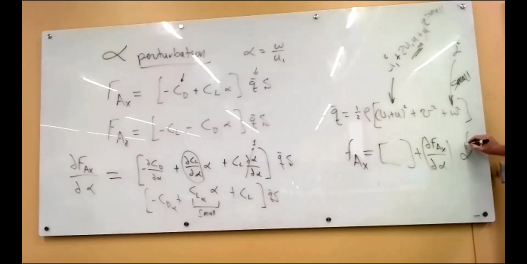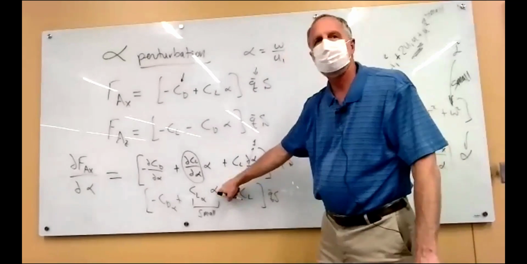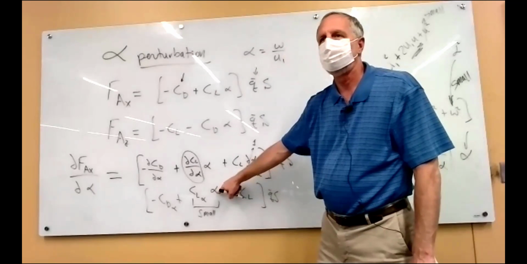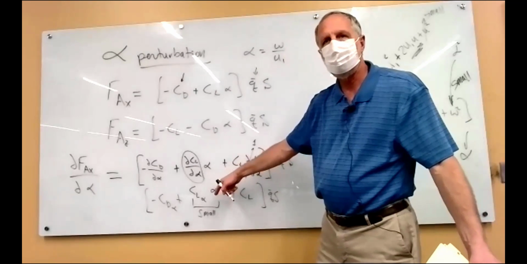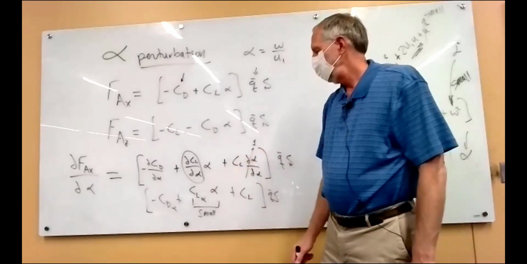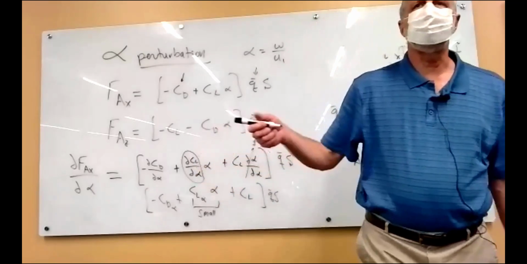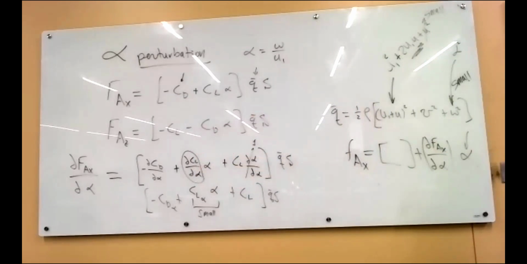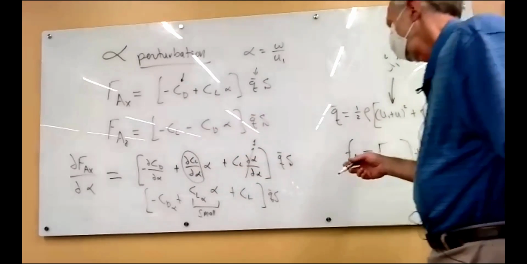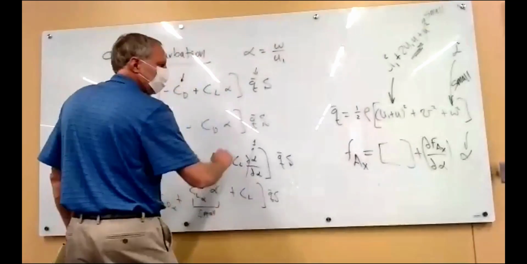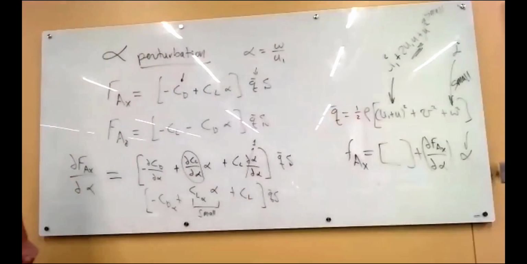So we're going to end up with alpha times alpha if we keep that term. So that's alpha squared, so it's small. And it's going to be nonlinear, so we can't Laplace it, so it's doubly bad. So we don't like it, because it's going to be a problem, and it really is small. So we're going to say that this is small because it's going to be multiplied by a small variable, and you're going to get small times small. We could keep it, and then once we plug it in, we'll all see, oh yeah, it's small, and we'll knock it out. So let's knock it out now.